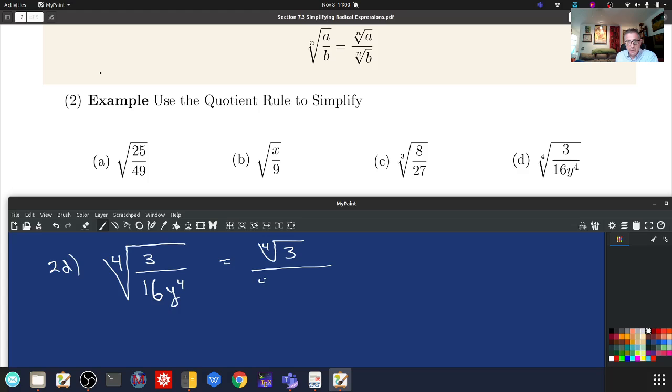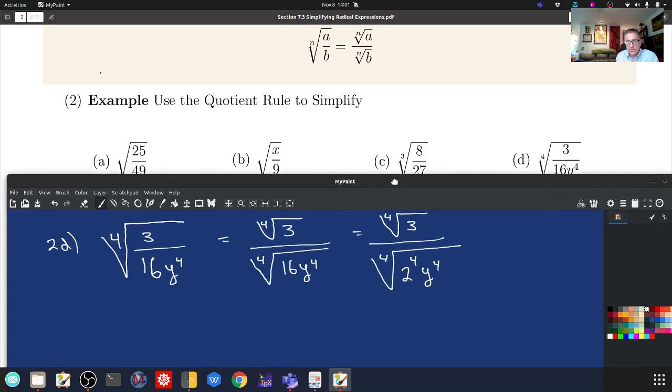At the bottom is the fourth root of 16y to the fourth. So let's think about what is 16. 16 is equal to 2 to the fourth. So that's times y to the fourth. So bear with me.